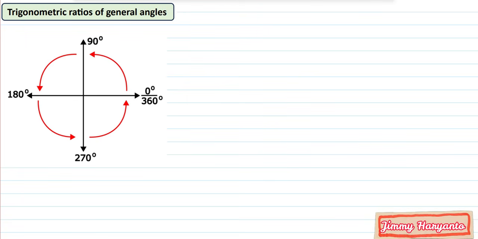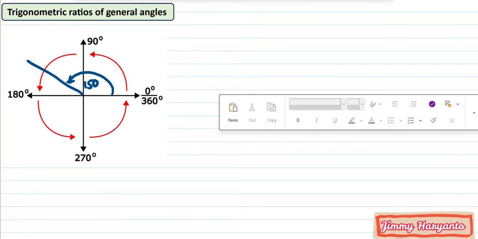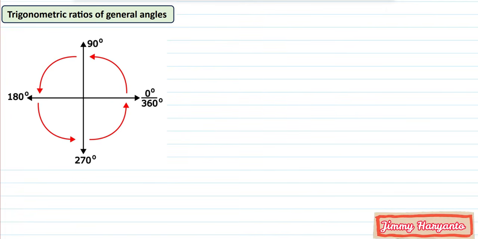So from 0 you can move like this, it will become 90. That means when you need 30 degrees, it will be this 30 degrees, but when you need 150 degrees, you will go like that. Okay, so this is the positive angles. I think you have to memorize this well, because later we will be talking about negative angles also.